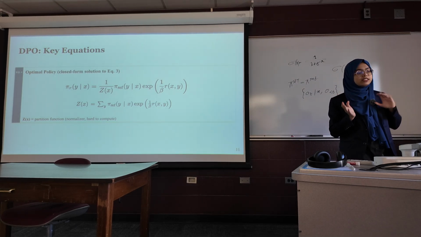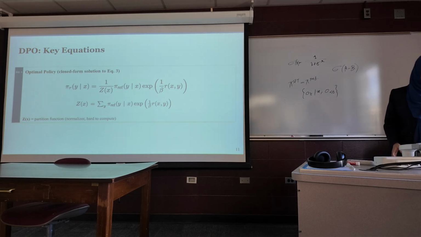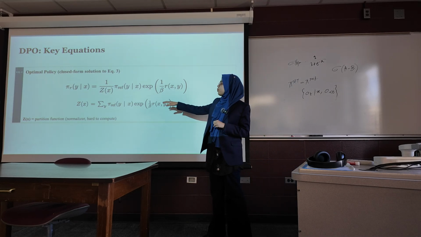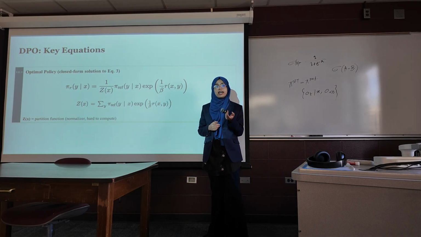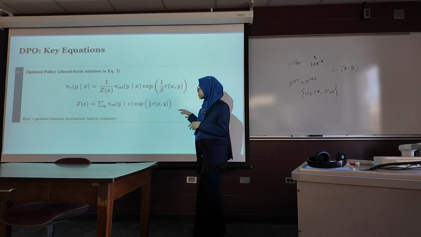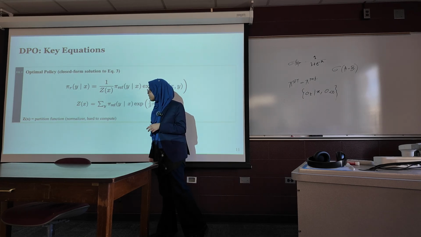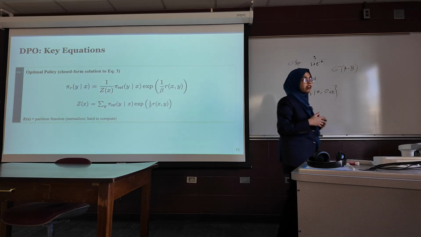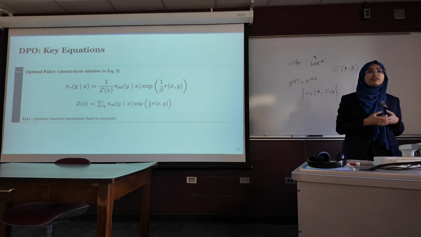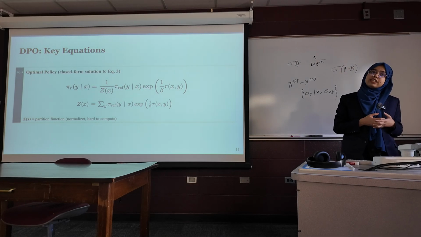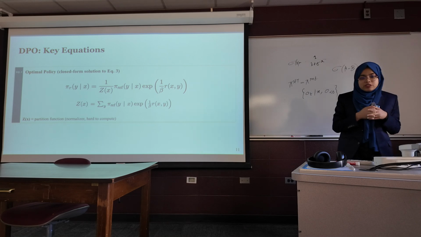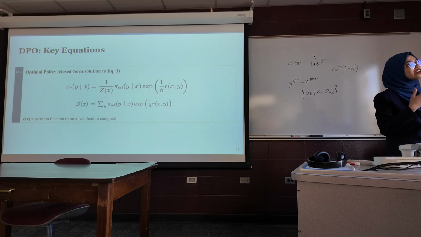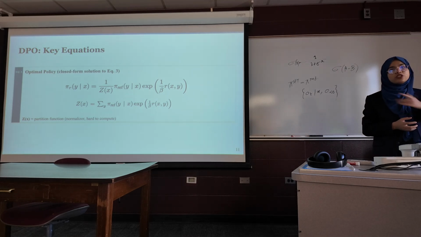I didn't put it in the slide, but it's in the appendix of the paper. If you want to work directly with this closed form, you have to calculate Z(x), the normalizer function. And as you can see, Z(x) is calculated over all the responses you generate, and it's a very, very computationally heavy function. So you did get another function, but you kind of put yourself in danger by choosing a computationally heavy function. So now your goal is to eliminate this function, so you don't need to calculate it.